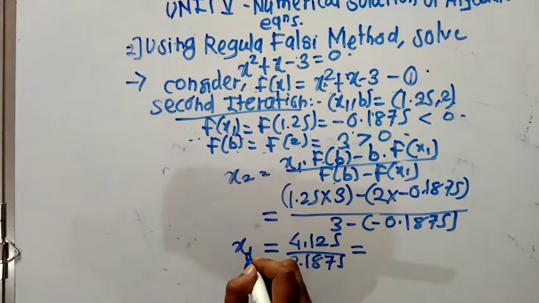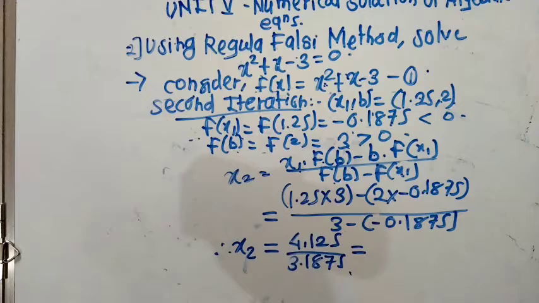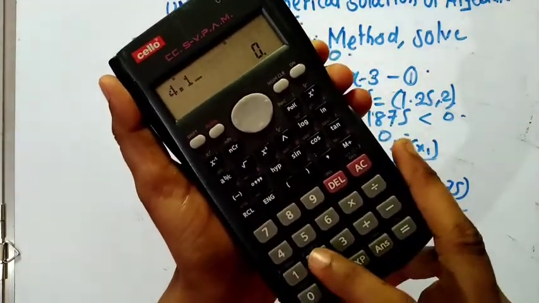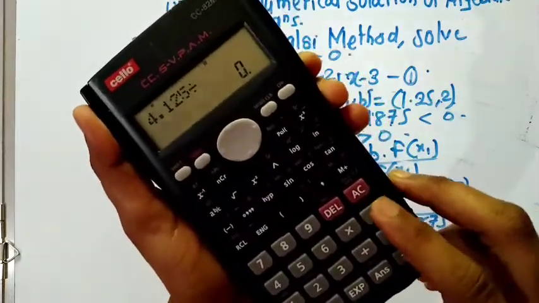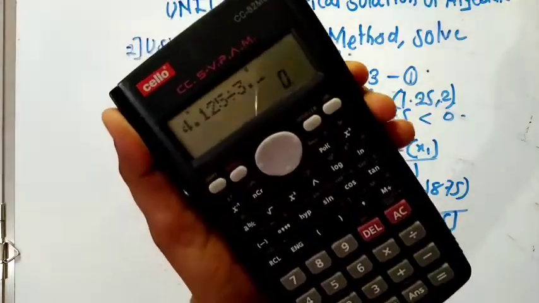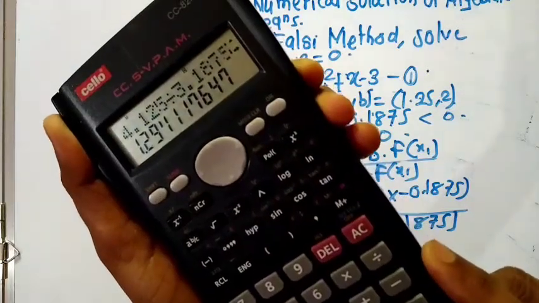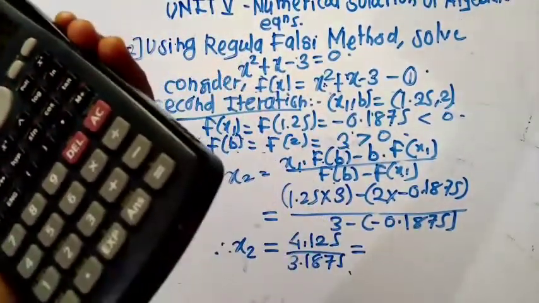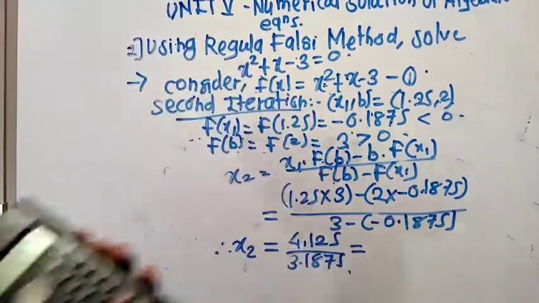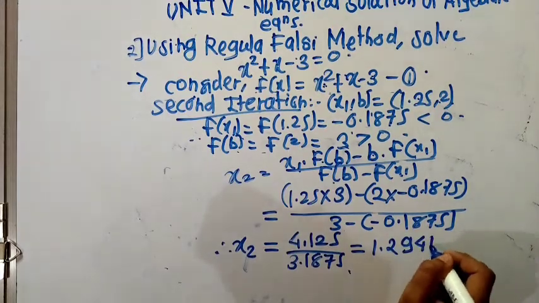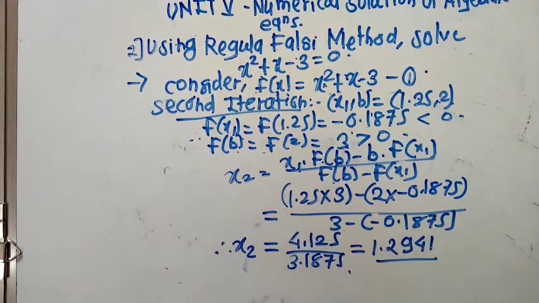So 4.125 divided by 3.1875 is equal to 1.2941, and it is the approximate root.